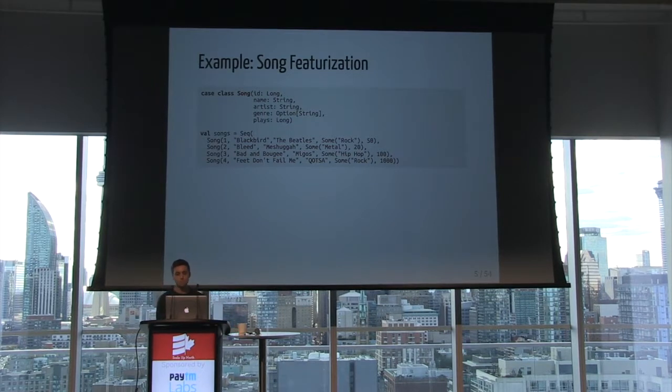OK. So here I'm defining a case class representation for a track in Spotify's catalog. As you can see, it's got a few fields defined. We have an ID, a name, an artist, and let's imagine we have some kind of audio analysis that we do on our tracks to determine which genre the song best fits into. In reality, a song can have multiple genres, and even then it's a loosely defined hierarchical concept.